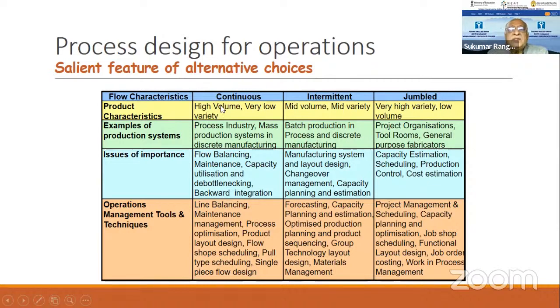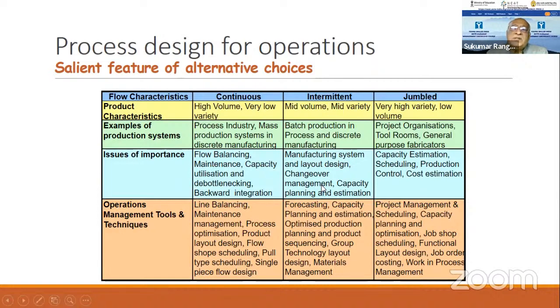Issues of importance: in continuous flow, flow balancing is extremely important. Maintenance is an extremely high requirement. Capacity utilization and debottlenecking is very important, because a single bottleneck can choke the flow of the entire line. Backward integration is needed for all the materials here. What to do with the next process?